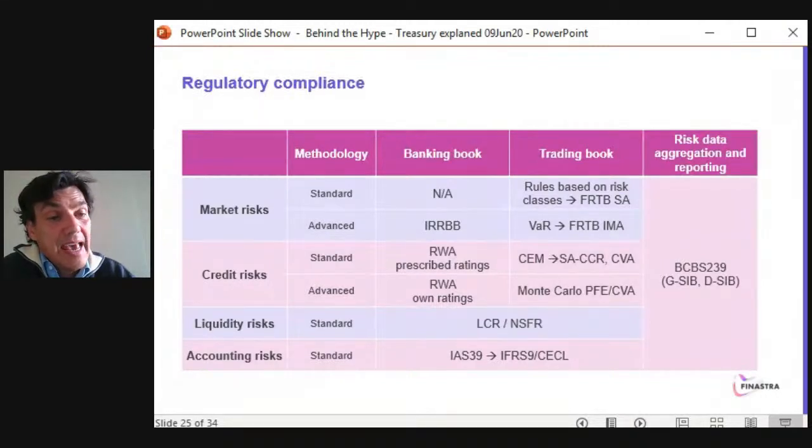So that's very important. And as you can see, again, the Treasury is at the center of it. The treasurer needs to know about the funding, the liquidity management, the management of the FX risk and the interest rate risk. They need to know about the regulation as well, because otherwise the bank will not be compliant and they will not be able to run the bank, very simply.